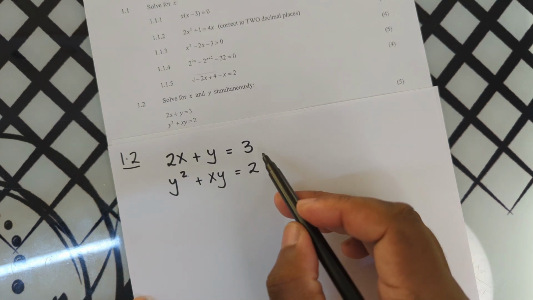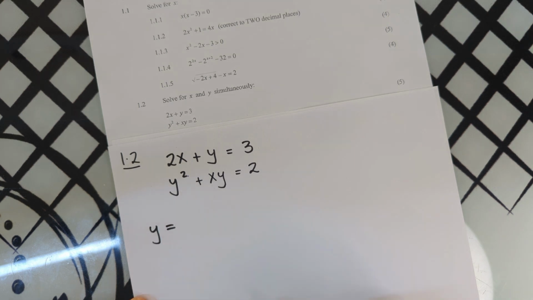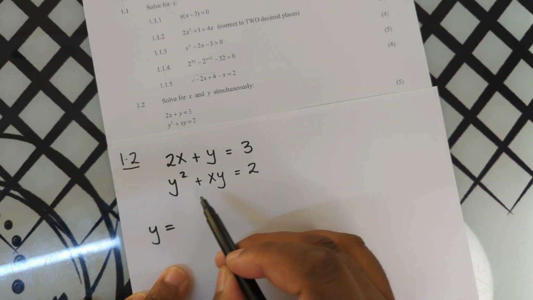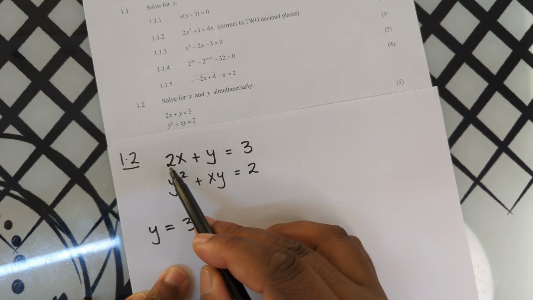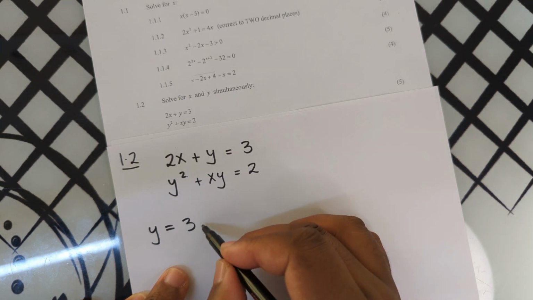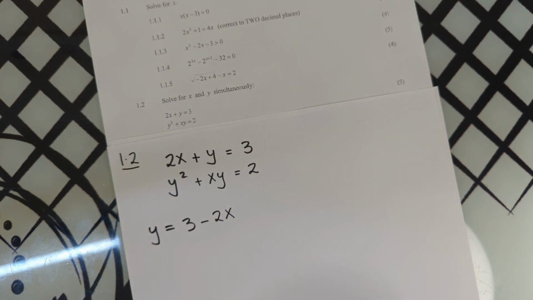So we are going to take the first equation and isolate the variable y. So y is equal to 3, and transfer the 2x to the right side, it will be negative 2x. So y is equal to 3 minus 2x. Now we take this value for y, 3 minus 2x, and we replace it in the second equation.